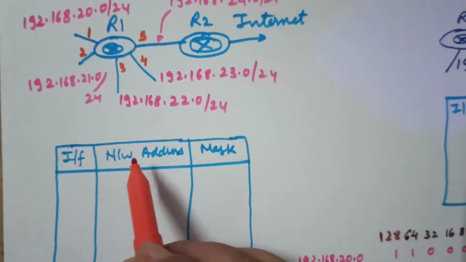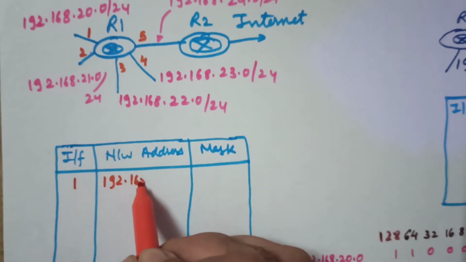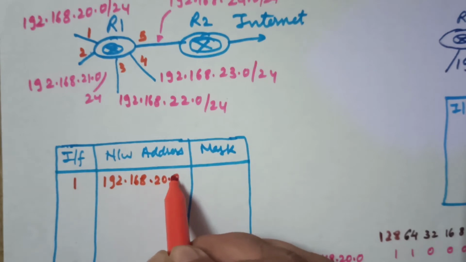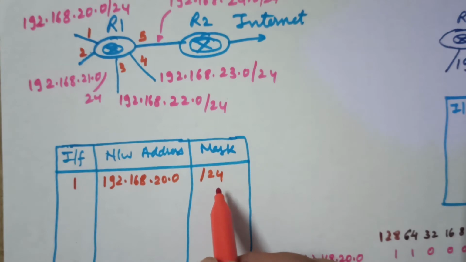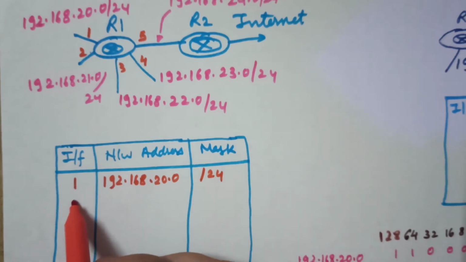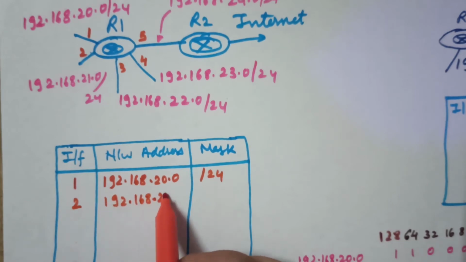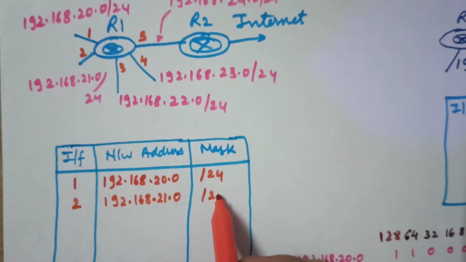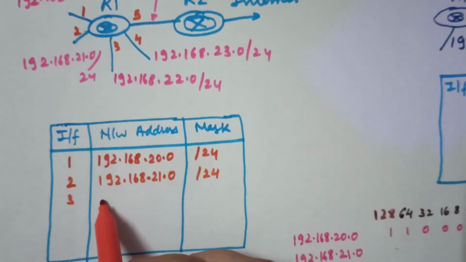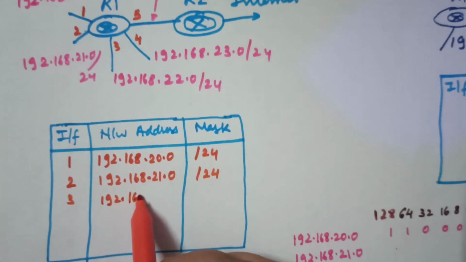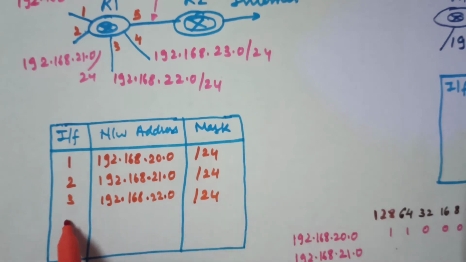Interface 1 is having the network address 192.168.20.0 and the mask is /24. Mask or slash notation or prefix bits are 24. Interface 2 has the IP address 192.168.21.0 with the mask of 24. Interface 3 has the IP address 192.168.22.0 with mask /24.